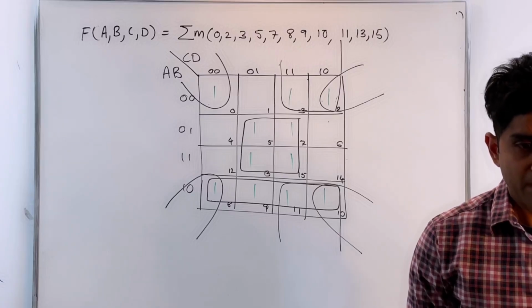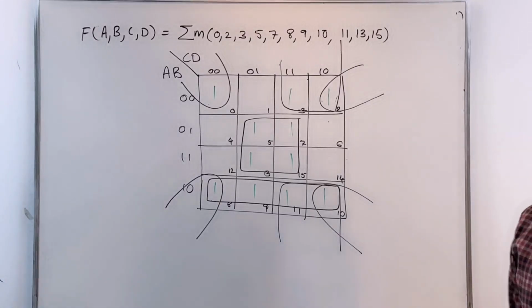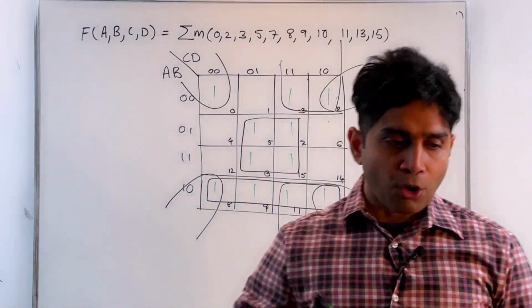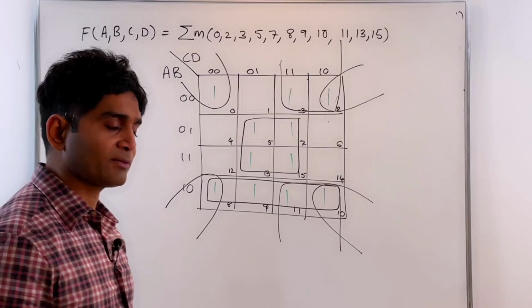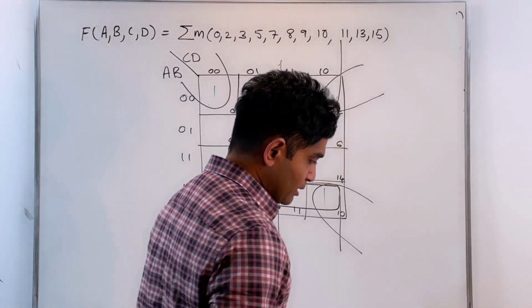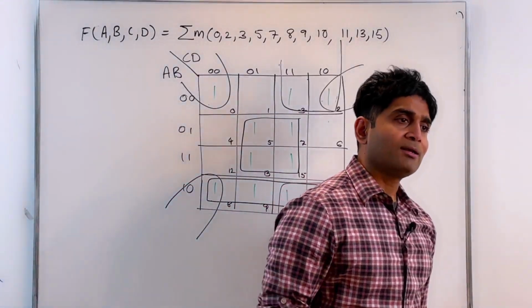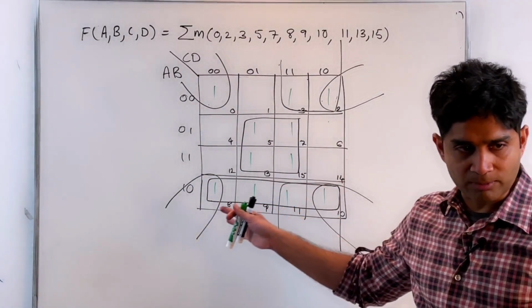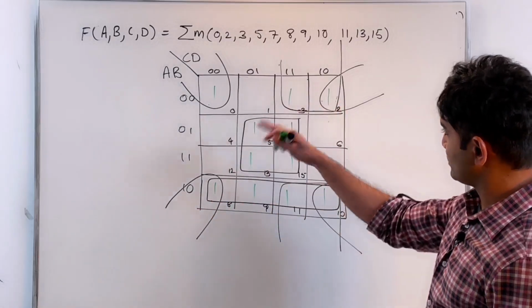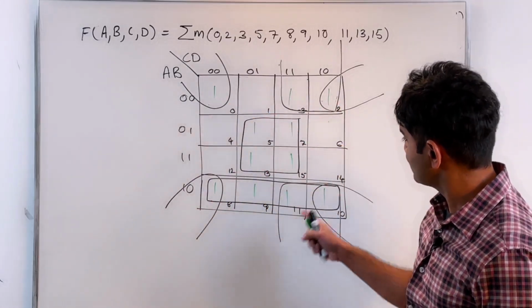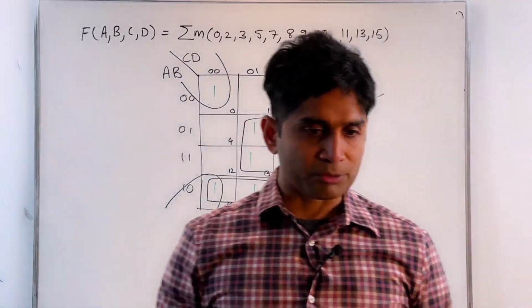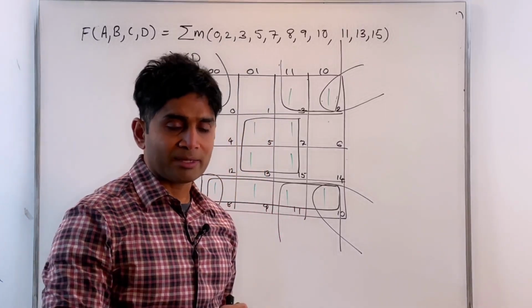Okay. Now, do you see any additional combination? If I were not asked to list out all prime implicants in this case, I'd be done with this problem. That's it. I've accounted for all the ones. I would write down the product term corresponding to each prime implicant, and I'm done.